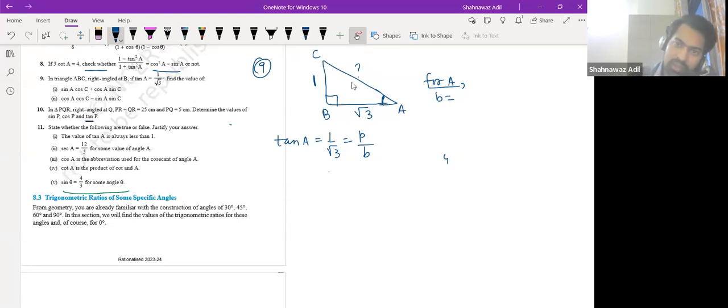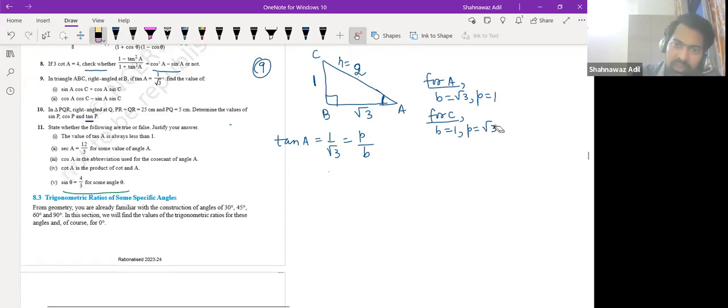It's a root 4, which is 2. So this is 2, right? So hypotenuse is 2, and for angle A, base is root 3, perpendicular is 1. For angle C, base is 1, perpendicular is root 3, right?